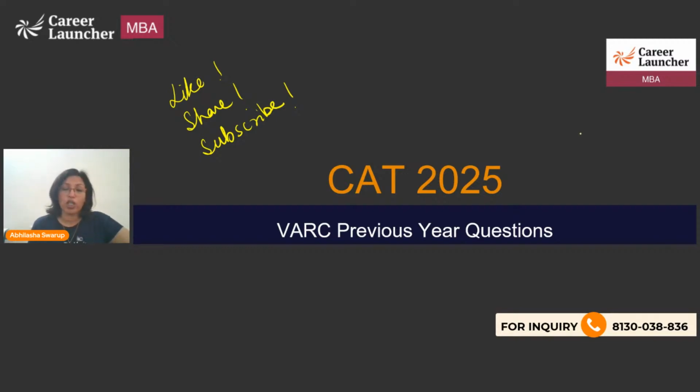Over these 3-4 sessions that we have done, we have discussed CAT 25, the pattern of ZAT, NMAT, SNAP, and we are looking at the different types of questions that you get in these examinations.